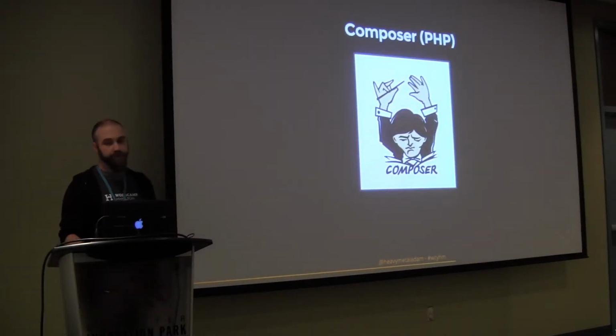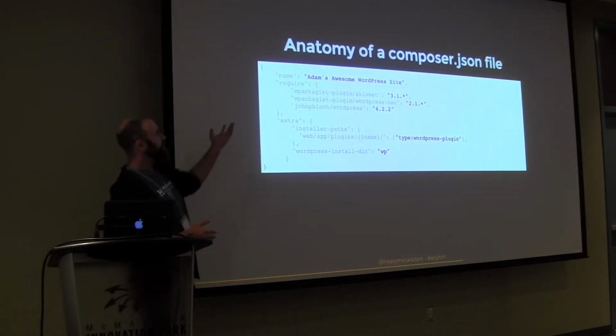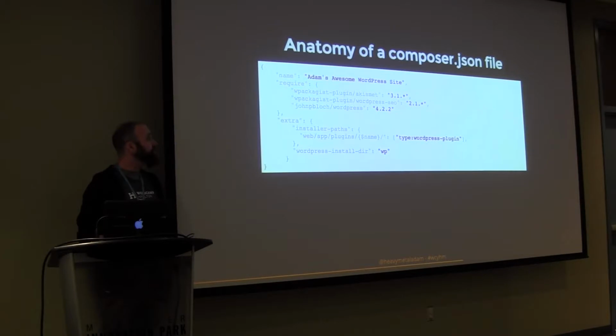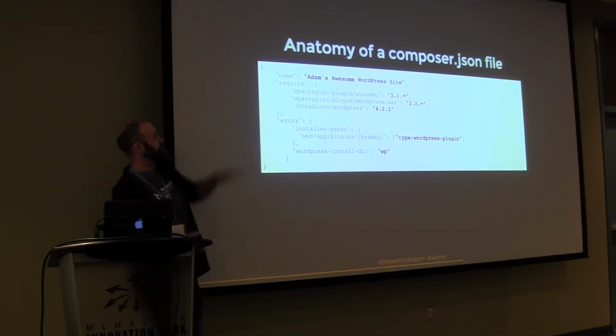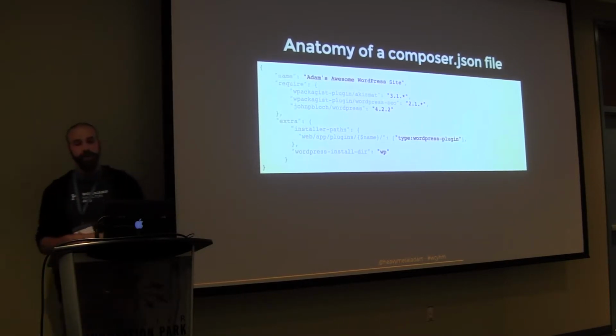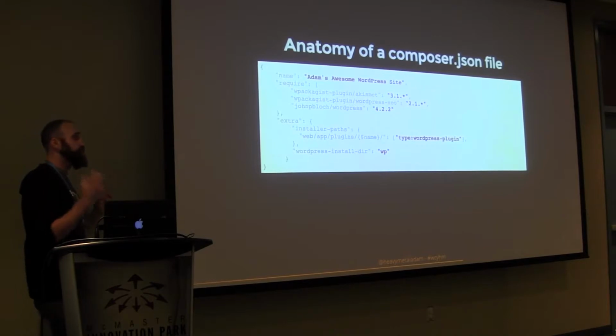So let's start off with Composer, which is a PHP dependency manager. Here's an example of a configuration file. So we give our project a name, and here's where the magic really happens, the requirements. Here are the packages and the versions that we want to include in our project.